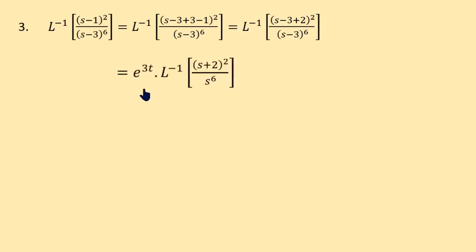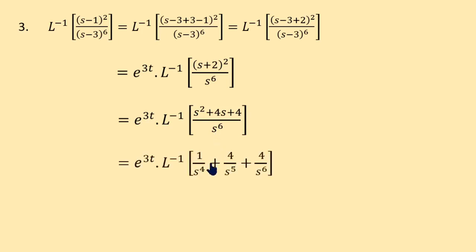Therefore, its inverse is e power 3t into L inverse of this, s minus 3 is s, so s plus 2 whole square divided by s power 6. Now just expand the numerator, s square plus 4s plus 4 divided by s power 6 and then separate it. So s square plus 4s plus 4 by s power 6 means s square by s power 6 is 1 by s power 4 plus 4 by s power 5 plus 4 by s power 6.